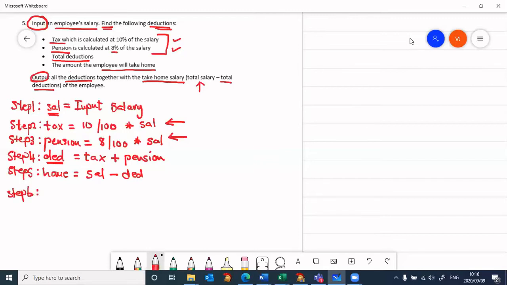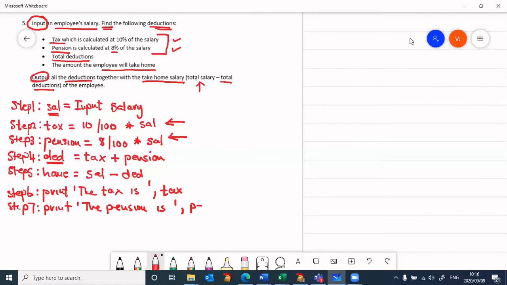So what's my first deduction? Tax. So I'm going to say print the tax is, and the placeholder is called tax. Then I need to print the next deduction. Step 7, print the pension is, and let's print the placeholder pension.